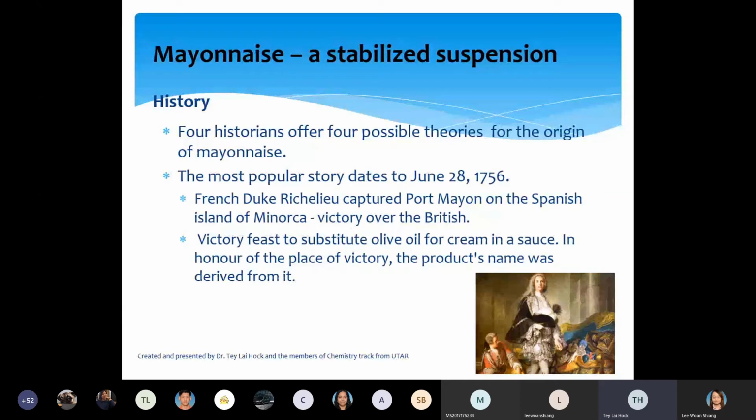Every time the French win, they are very happy, so a victory feast is created to honor them. So the Duke said we need to substitute olive oil, because eating olive oil all the time is very boring, so you want something different. At the end, the chef managed to come up with a cream sauce using the oil. The product name was derived from Mayon. So therefore, you have this mayonnaise.